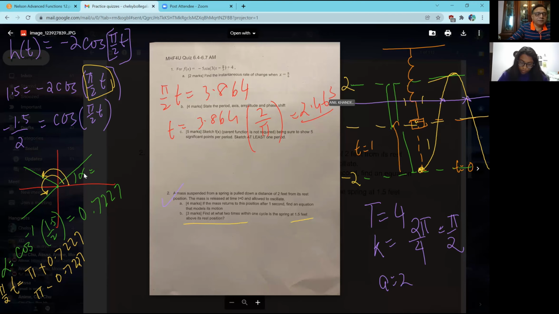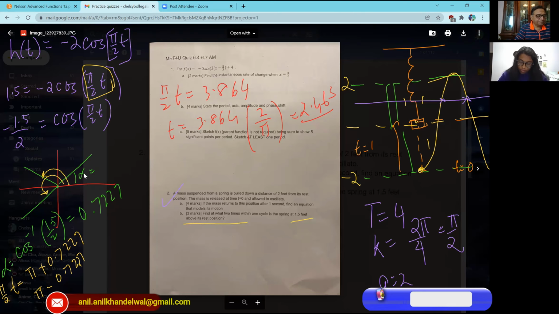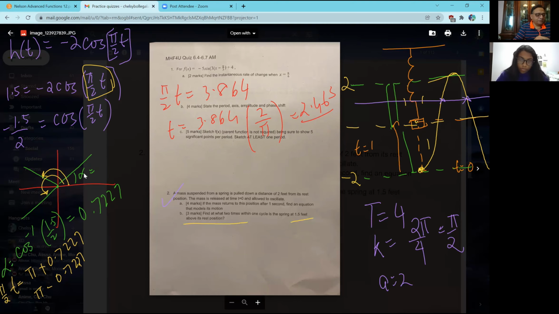The other answer will be, I'll do pi minus 0.7227. First, it's good to write that answer. I'll do shift pi minus 0.7227.